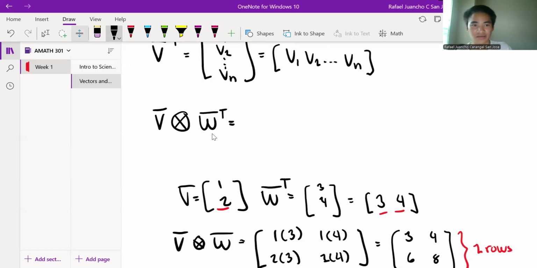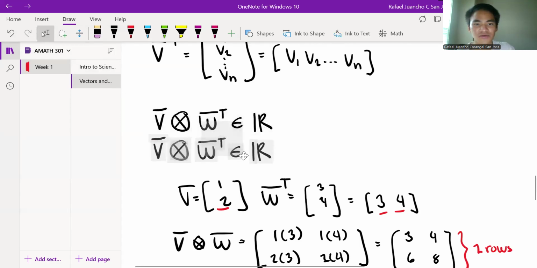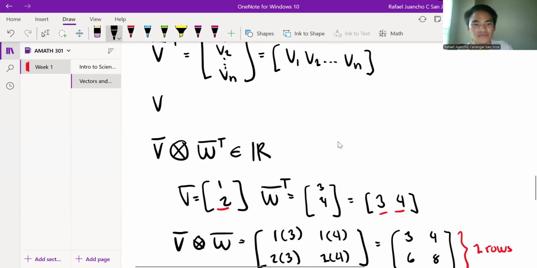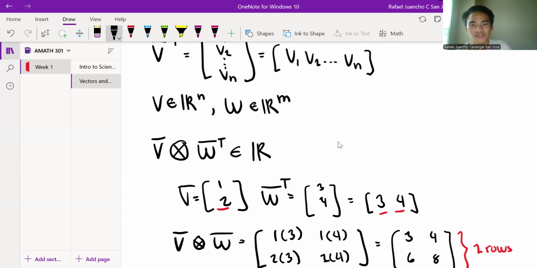Then we're going to get an R. Actually, let's characterize this. Let's put characteristics. So I'm going to say that this V has N rows, N for nice, and this W has M rows, M for minion.